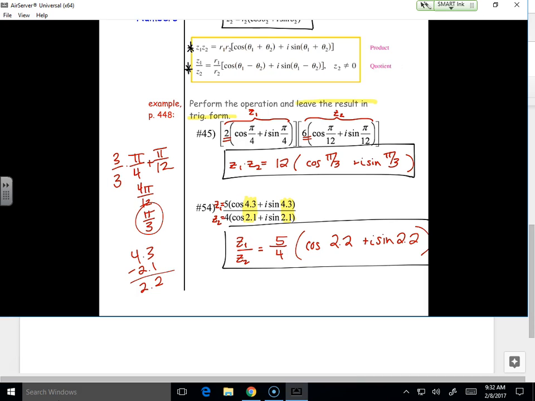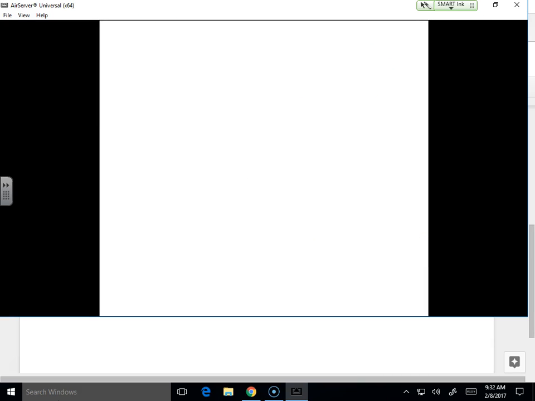Now technically, addition and subtraction can be done in standard form, and technically, multiplication and division can be done in standard form. But if we did have yucky things like, let me add a page real fast, you guys don't have to write this. If we did have a complex number in standard form, do you remember how we would have to divide this?